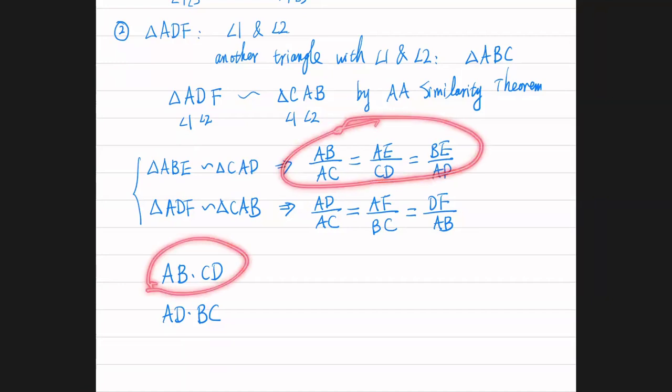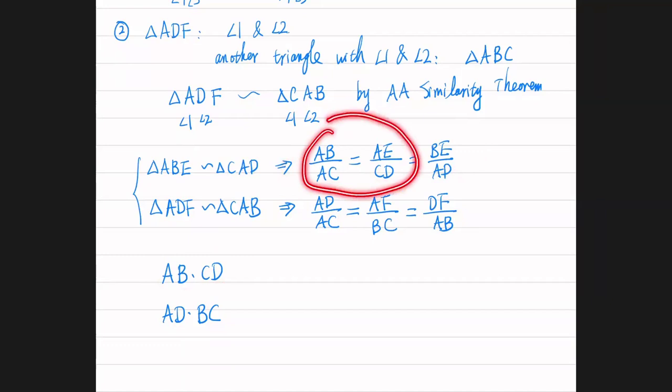AB over AC equals AE over CD. By cross multiplication, we get AB times CD equals AC times AE.